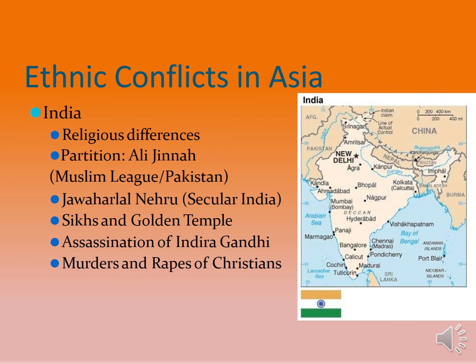We see ethnic conflicts in Asia, in India, religious differences and partitions at that time. Muhammad Ali Jinnah and the Muslim League, and Jawaharlal Nehru for India, Sikhs and the Golden Temple, the assassination of Indira Gandhi, and murders and rapes of Christians. We see that at that time Muslim people were being raped, Muslim girls were being raped and killed.